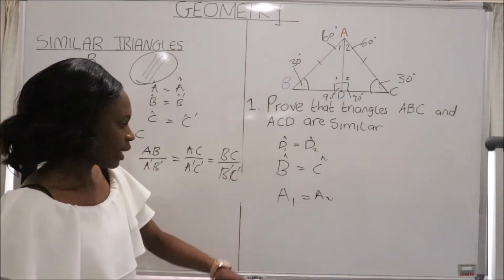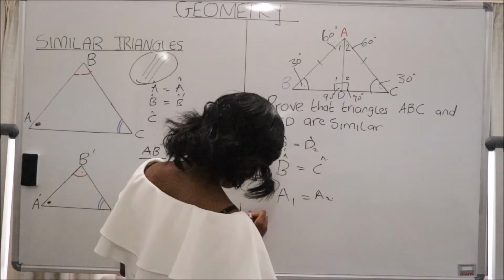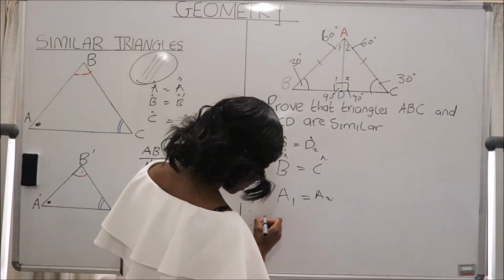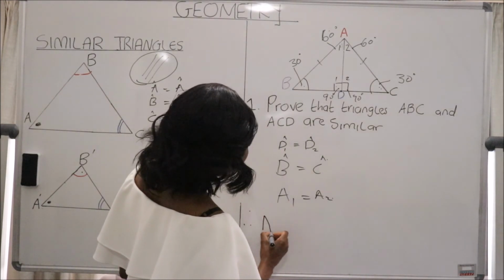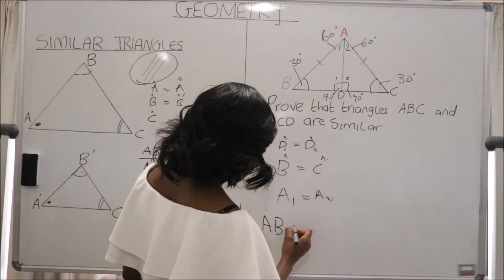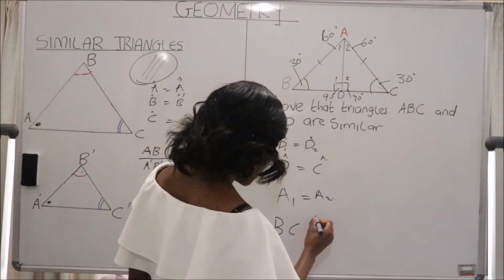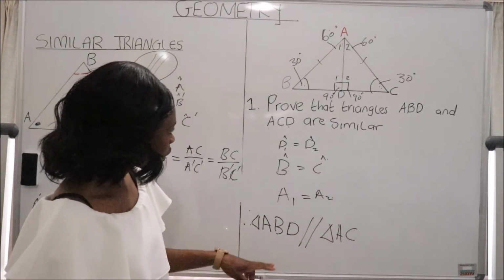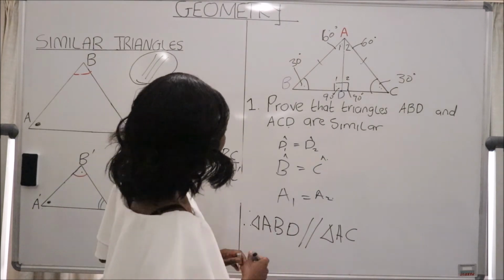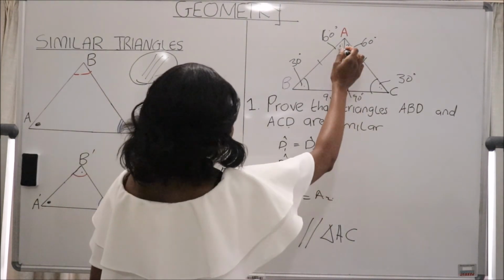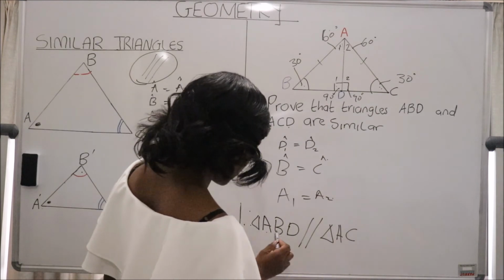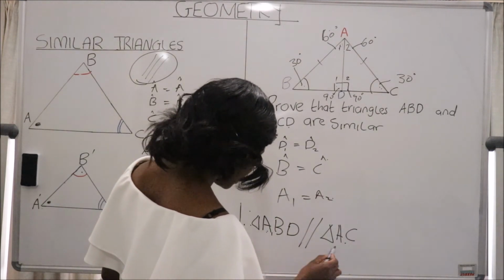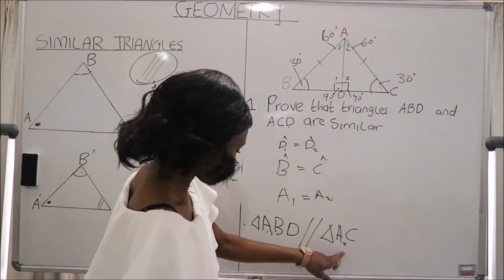All right, now we write the therefore. Therefore, triangle ABC is similar to triangle. With A, we know that A is equal to A1, so A and A are there, A1 and A2, so we just won't write that.